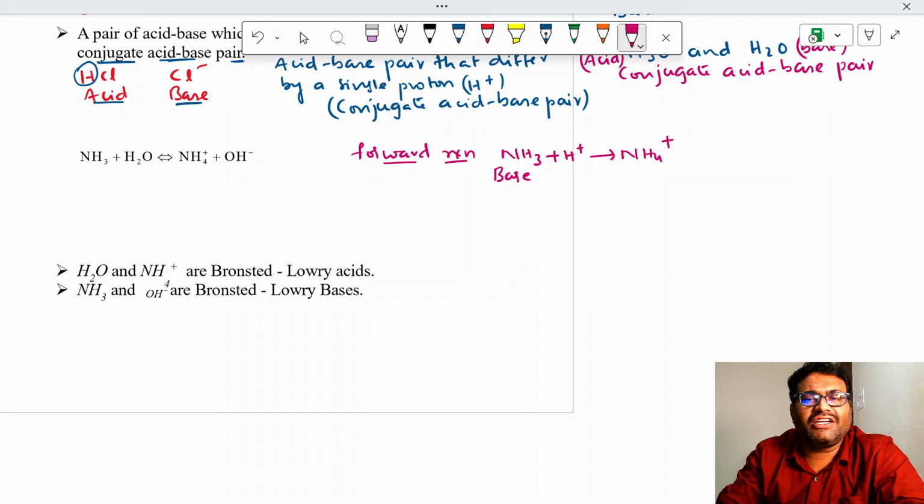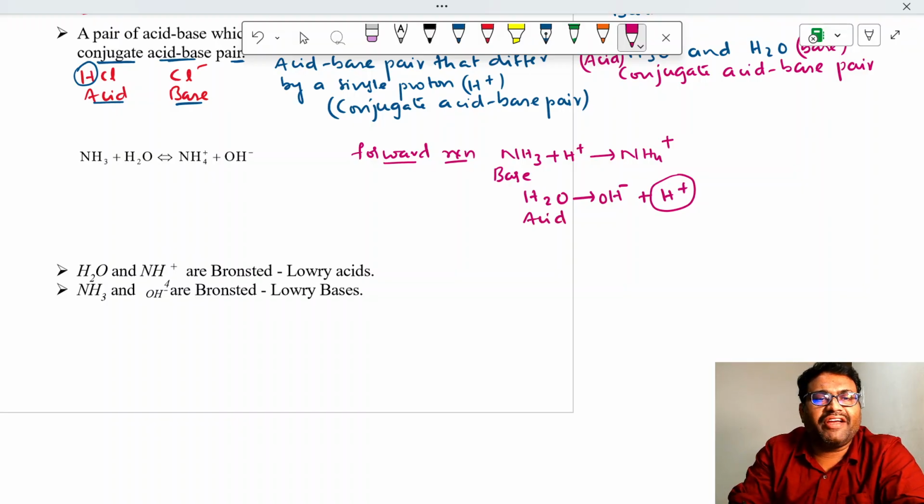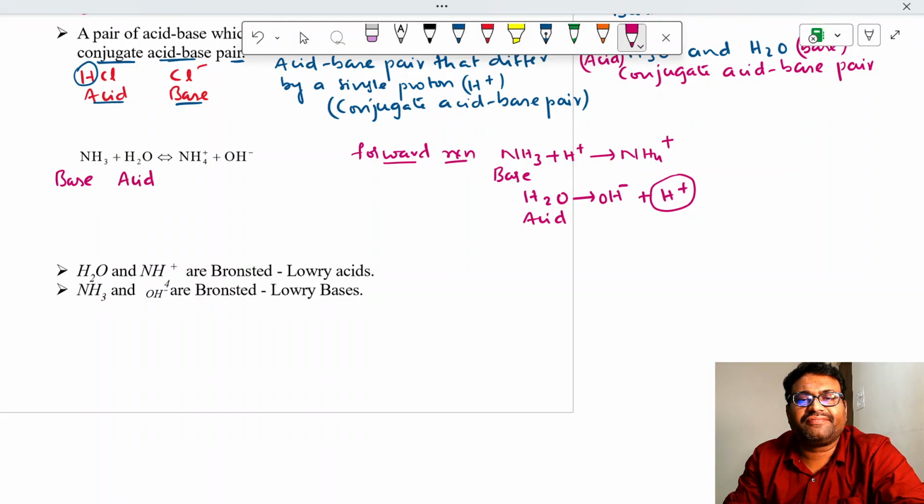H2O is converted into OH minus plus H plus because it has donated a proton. This proton is donated to NH3. So what is this called as? Acid. So NH3 is a base because it has taken one proton given by water. And water donated a proton, so it will be acid in the forward reaction.